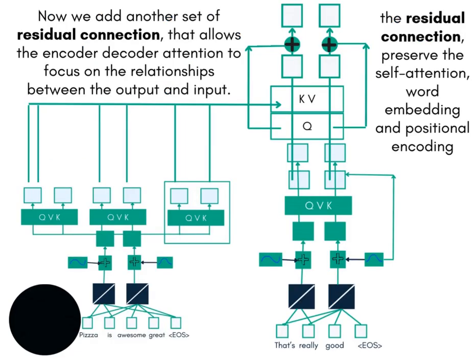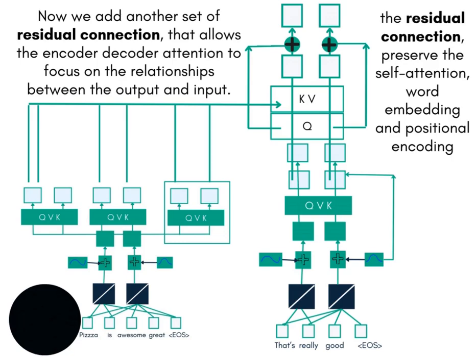Okay. So let's try to break this down. Here we have the encoder part, right? So, pizza is awesome, great. And this is that is really good, end of sentence. And this is where I have my masked attention, and this is my multi-head self-attention.